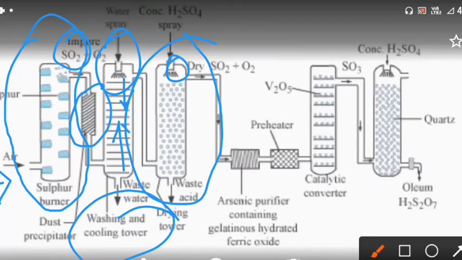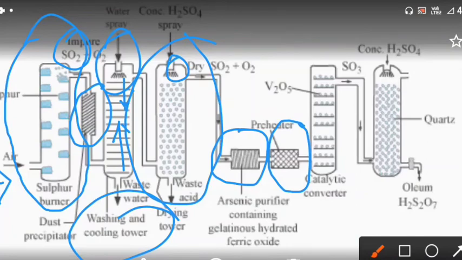Thus, from the drying tower, dry sulfur dioxide comes out, which is then passed through an arsenic purifier to remove any arsenic particles present in the gas. Then the gas is passed through a preheater. Here the gas gets heated.